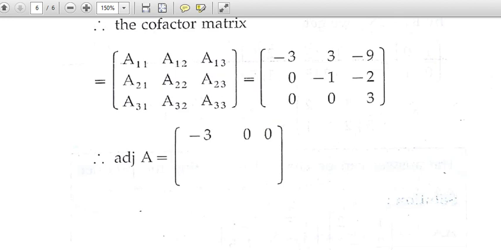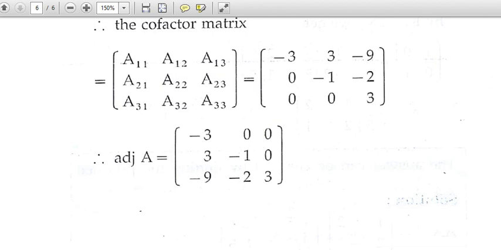The second column of the cofactor matrix is 3, minus 1, 0, therefore the second row is 3, minus 1, 0. The third column of the cofactor matrix is minus 9, minus 2, 3, so the third row of the adjoint of matrix A is minus 9, minus 2, 3. So this is our respective adjoint matrix A.